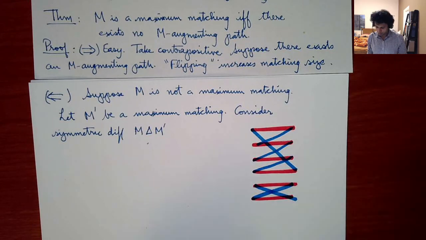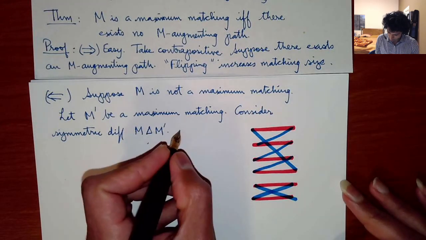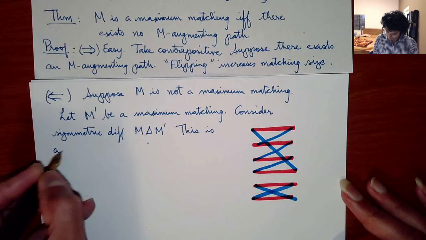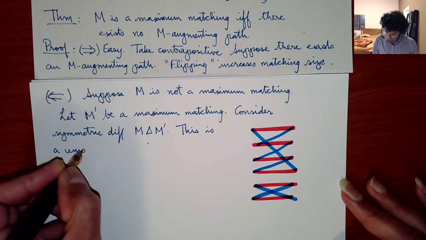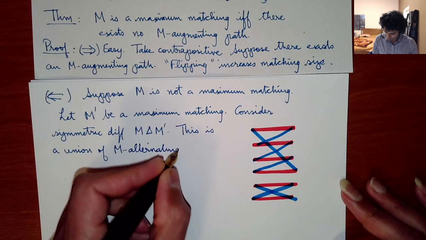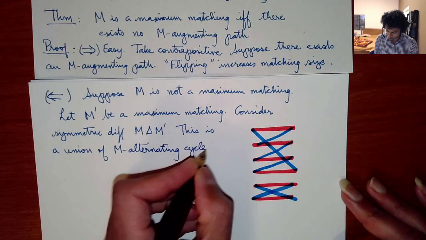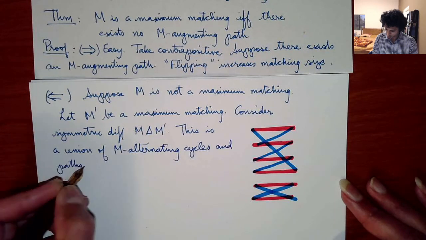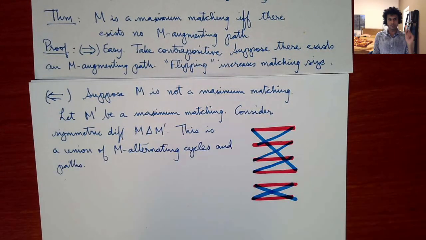The symmetric difference is a union of M alternating cycles and paths. You get alternating cycles and alternating paths.